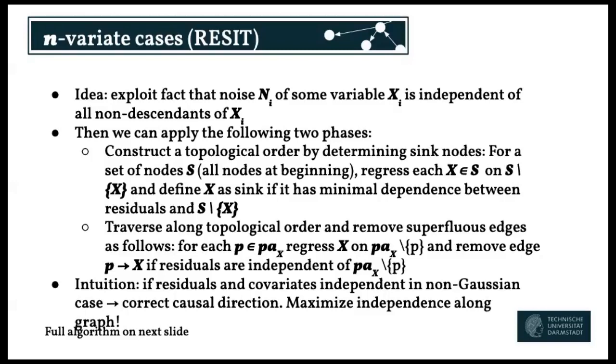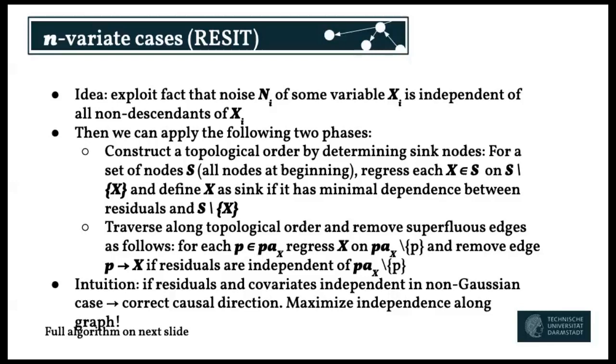Yeah. So this means simply that if you have some variable in your graph and you follow the causal path down, then you will have a dependency to this noise, obviously because it contributes to xi, right? But all the variables that are non-descendants, they are independent.